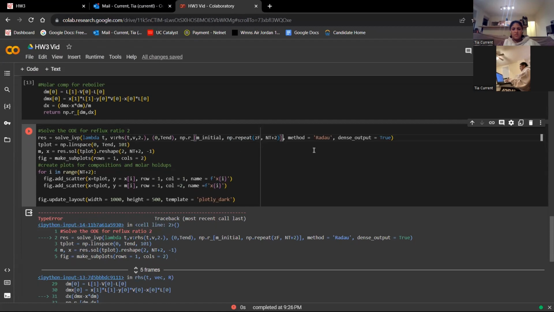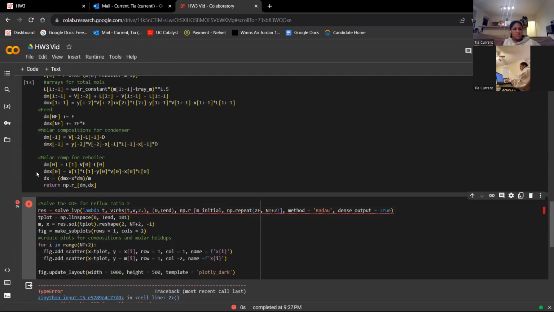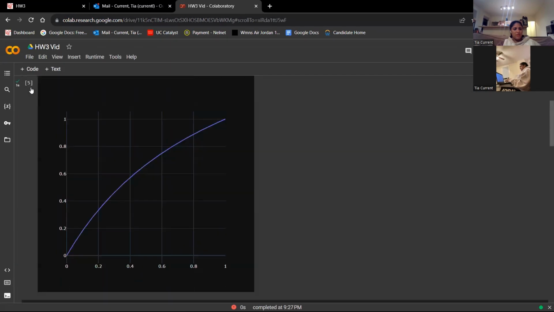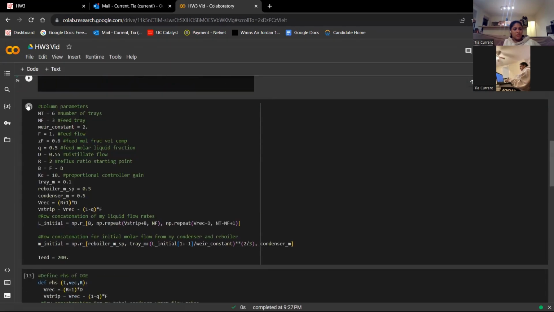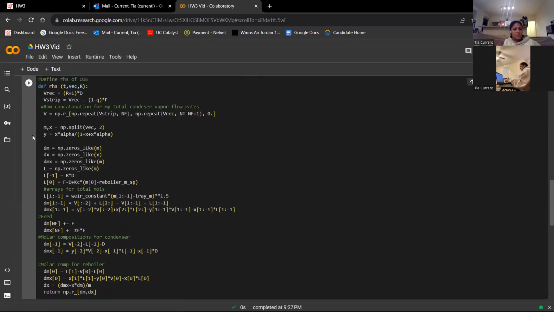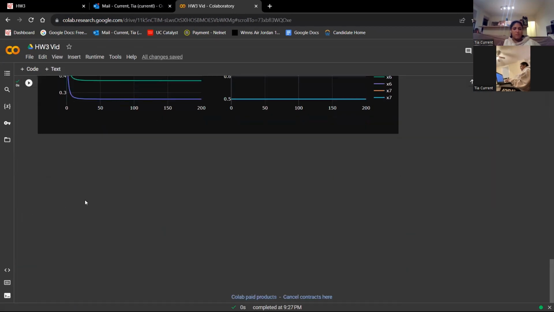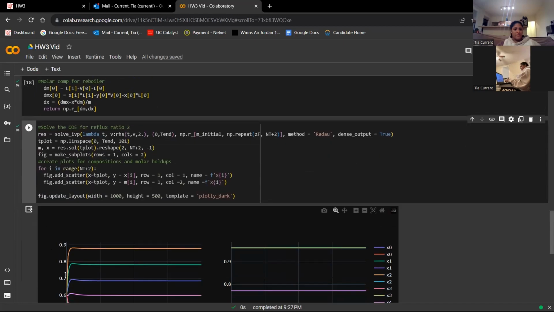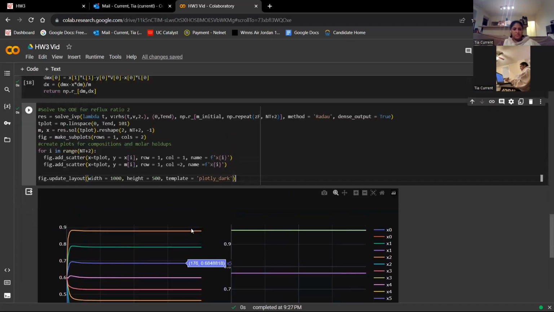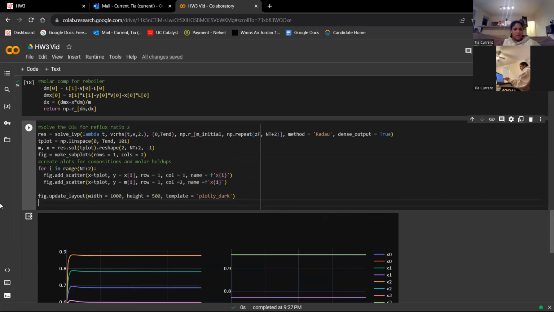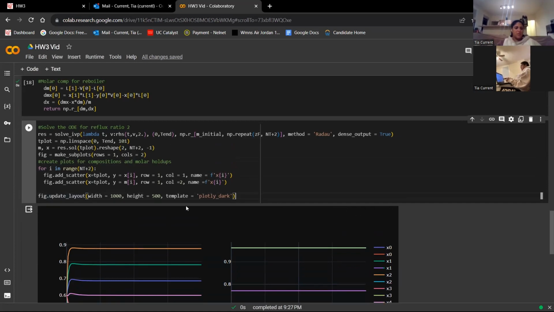Okay, that bracket's closed. Method radau dense output. Maybe if I run that, run that, run that, run that. Okay, now I've got all my plots. Yay. So my plots were the composition and molar holdups. I don't have to put the comment because I have it already. Okay.